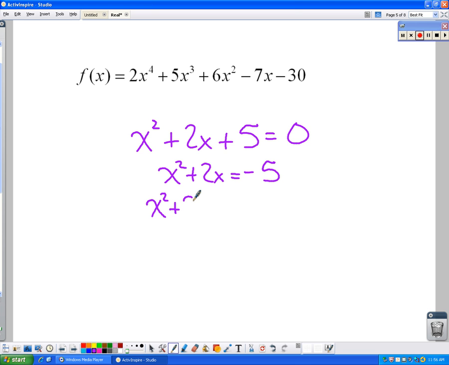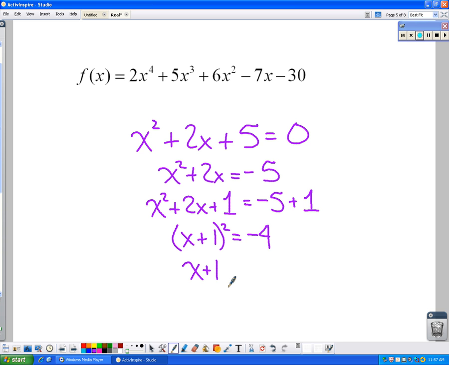We'll take half of the linear coefficient, so half of 2, and square that to determine the missing piece. So in this case, 1. Anything we add to the left-hand side, we also add to the right-hand side. We factor the left-hand side and simply simplify the right. When you take the square root of both sides, do not forget to include the plus or minus in front of the radical.